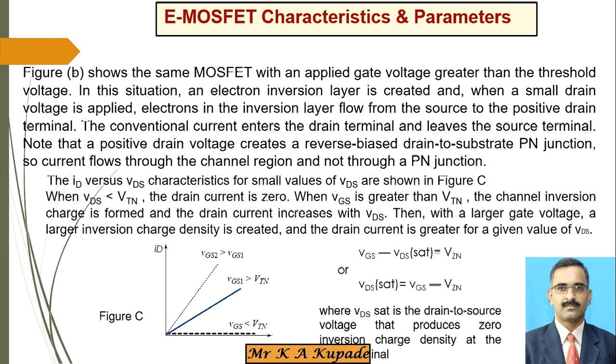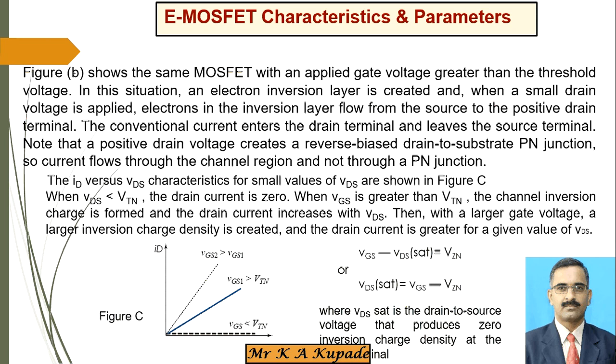In the previous lecture I also explained that whenever a channel region or inversion layer is created, whatever current flows through that inversion layer passes towards the source only, not into the substrate.